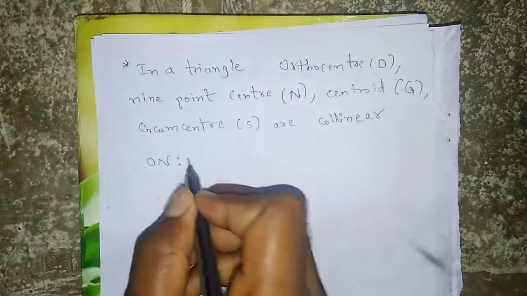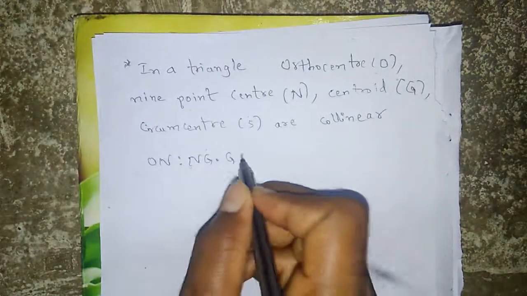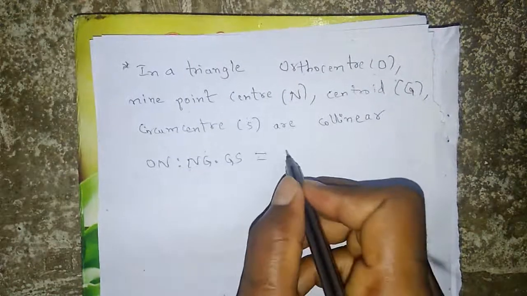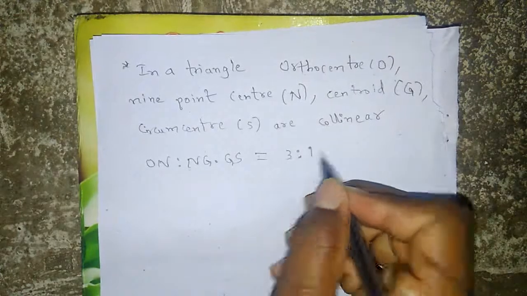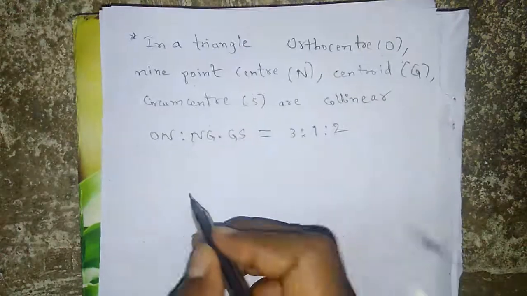ON is to NG is to GS is equal to 3 is to 1 is to 2.